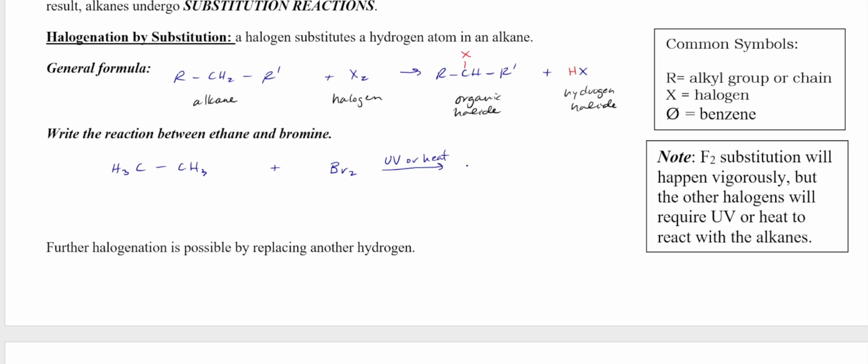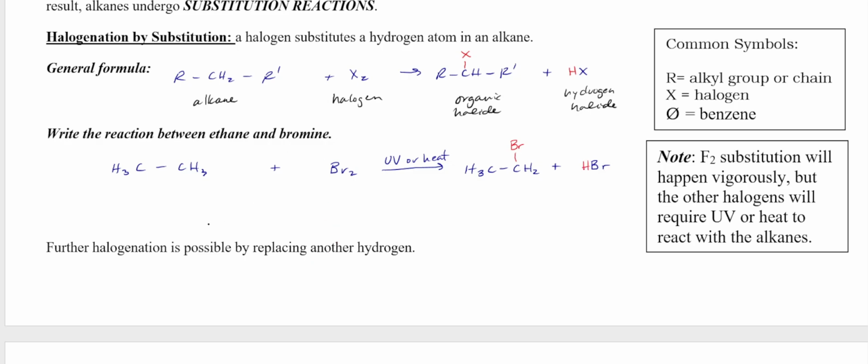Then I'm going to write H3C, CH2, and I'll put a Br over here. But what you will see is that this has lost a hydrogen because one of the Brs has now been added to the alkane, and the hydrogen that was here got substituted off.